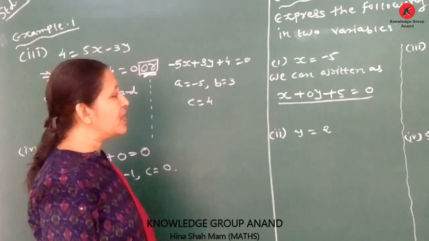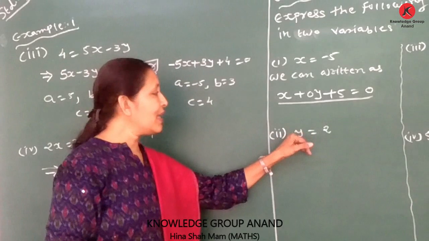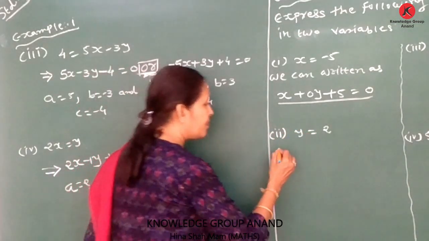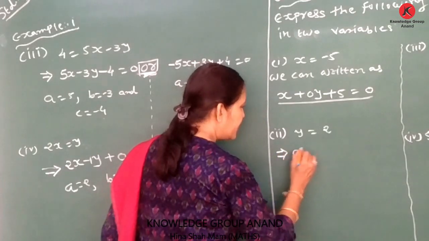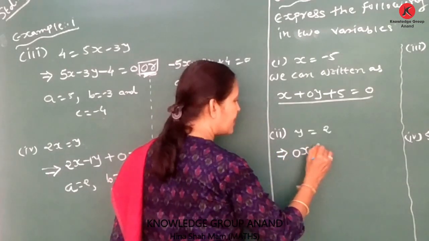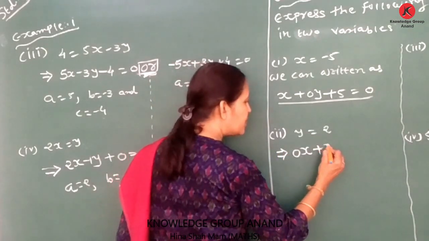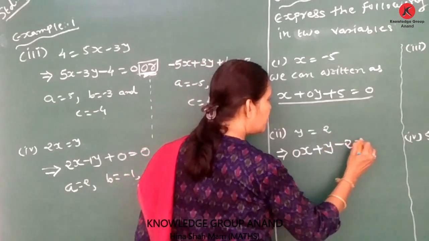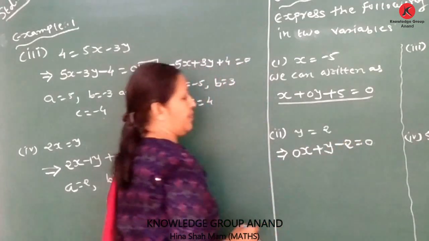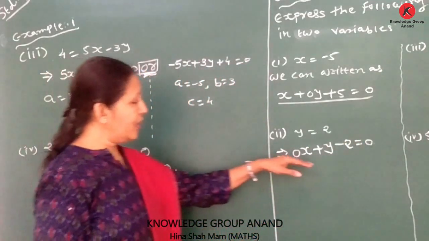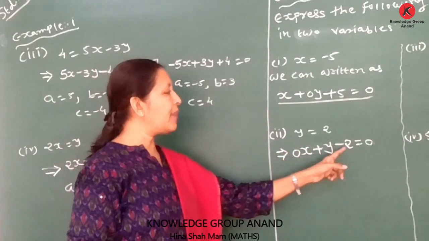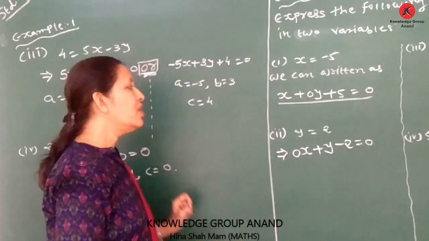Second, y is equal to 2. Here the x term, ax, is equal to 0. Therefore we write 0x plus y is equal to 2, minus 2 is equal to 0. It can be written in two variables as 0x plus y minus 2 equals to 0.